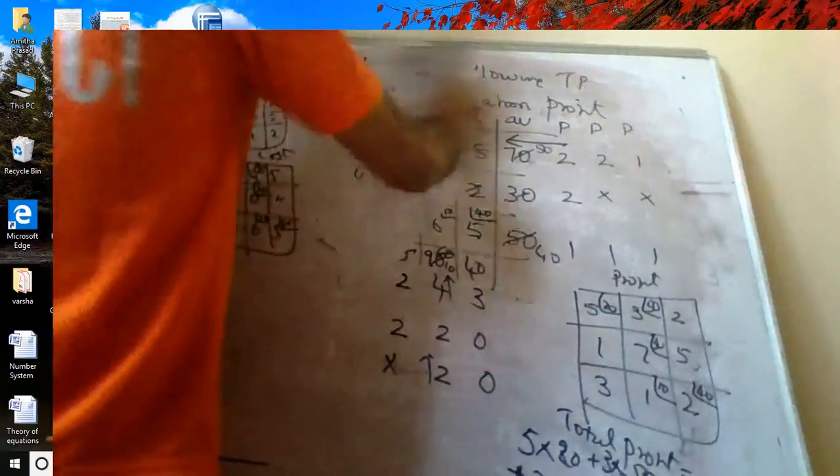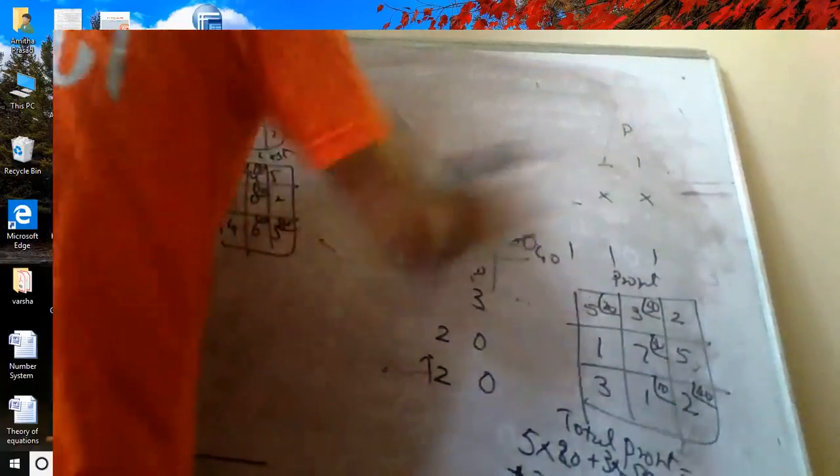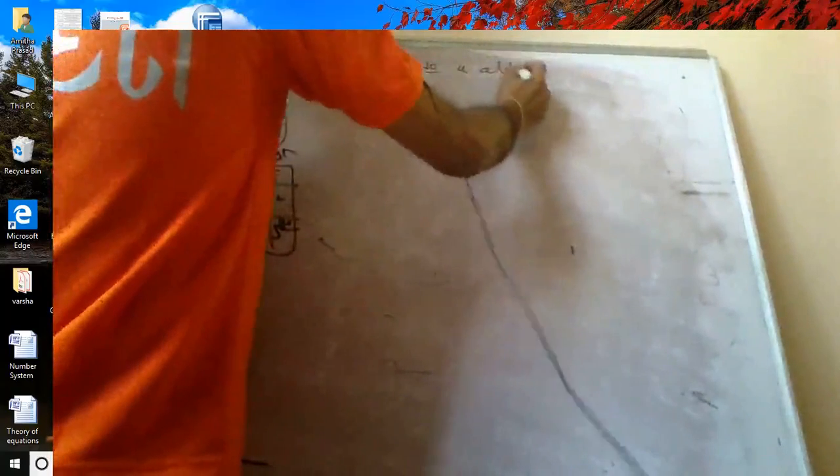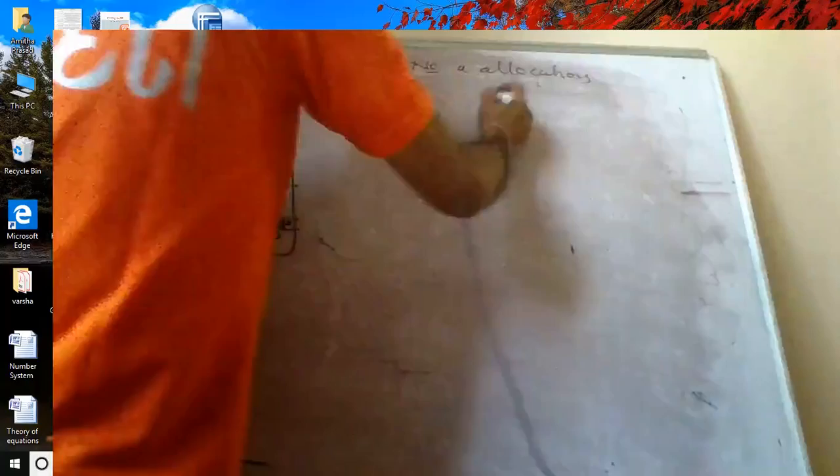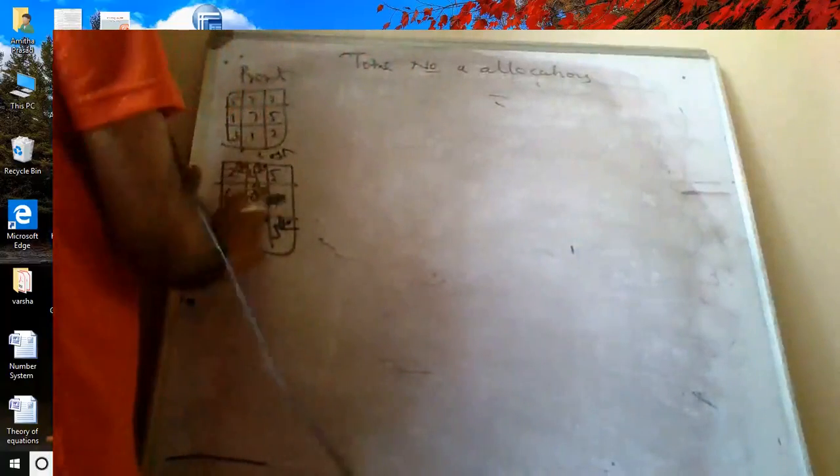Next we should apply the Modi method. I will repeat the Modi method once again because I did only one problem yesterday. The total number of allocations: one, two, three, four, 5.